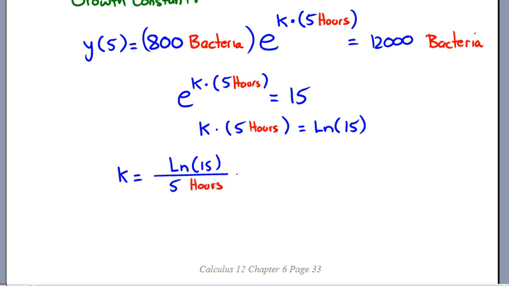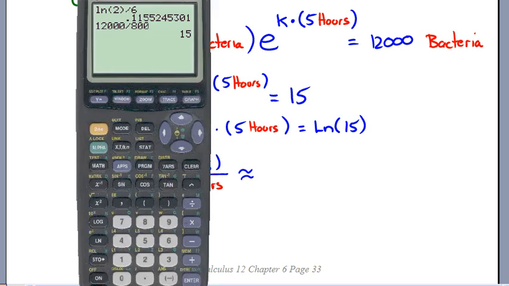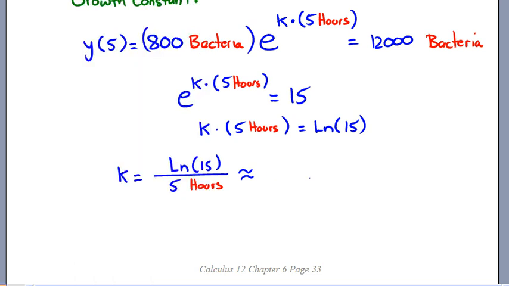In a decimal form, if that feels a little bit better, let's see what we have here. Ln of 15 divided by 5, 0.5416. Okay, so we're around 0.5416, and the units are divide by hours, often just written this way.